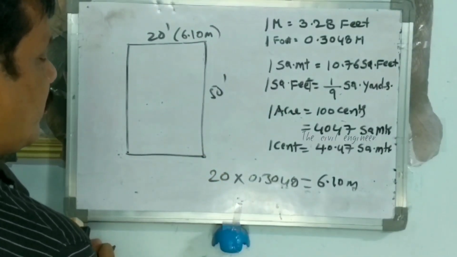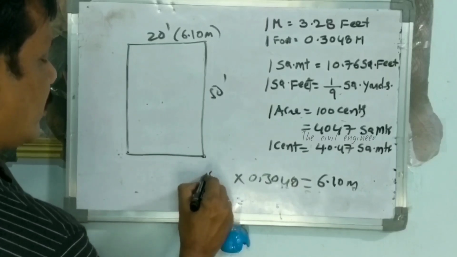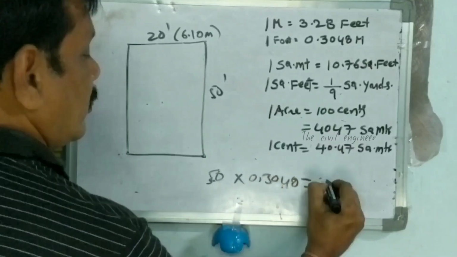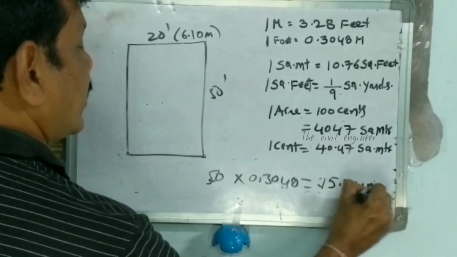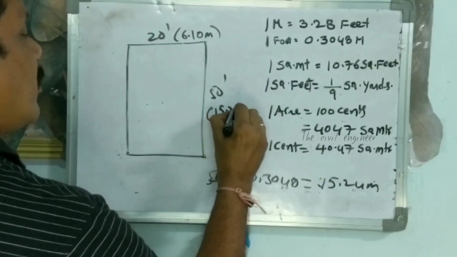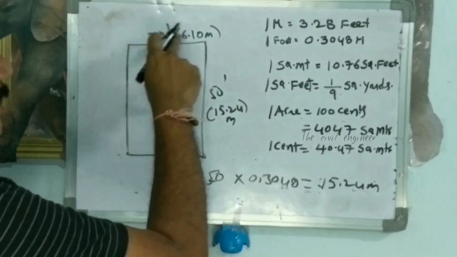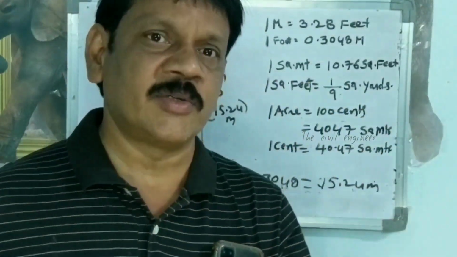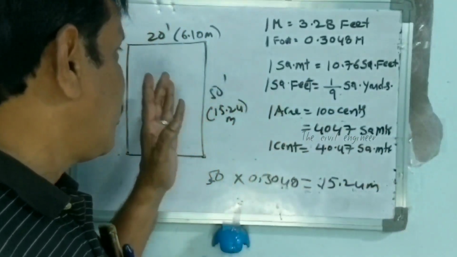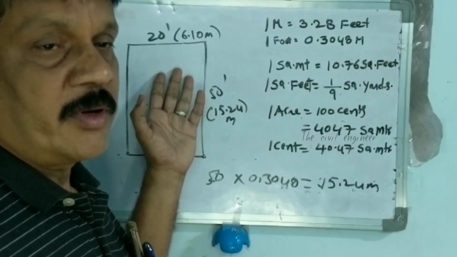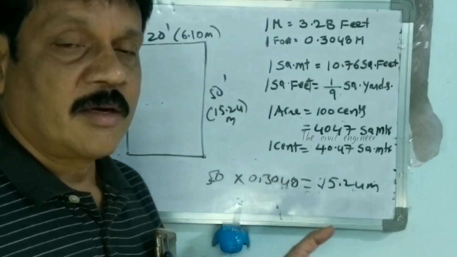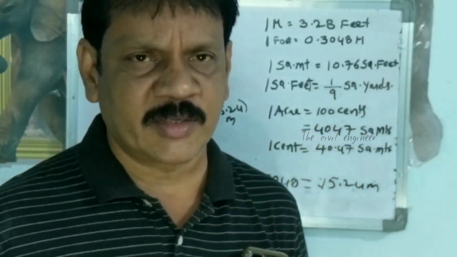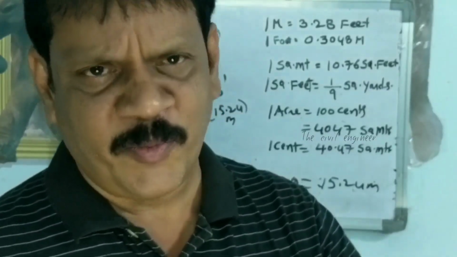Similarly, 50 multiplied by 0.3048 gives 15.24 meters. Before drawing a building plan, we should convert the total units into meters, whether they are feet, cents, or acres. Then only can we easily draw the building plan.